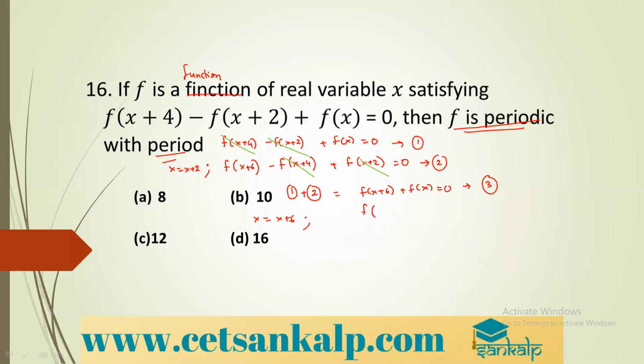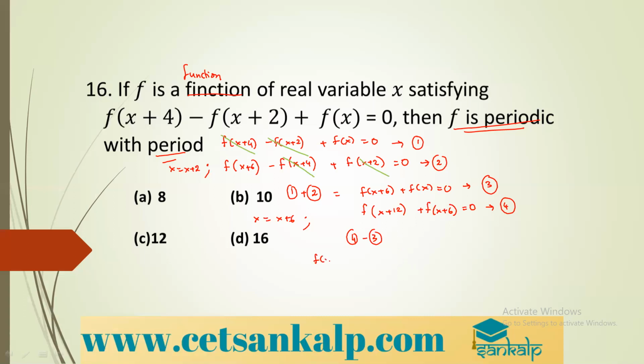So I will have f(x plus 6 plus 6), that is f(x plus 12), and then plus f(x), here also x, I have to write x plus 6, f(x plus 6), equal to 0. This is named as fourth equation. If I plug x as x plus 6, the equation will be satisfied. Okay. Now what I will do is, I will do 4 minus 3.